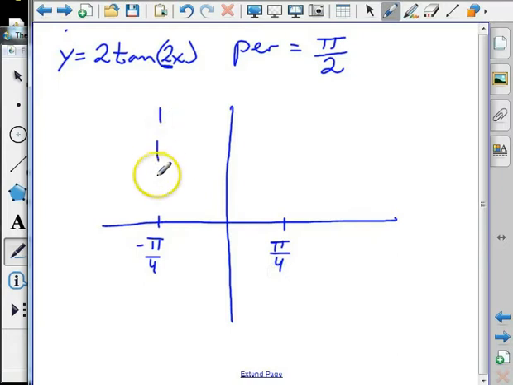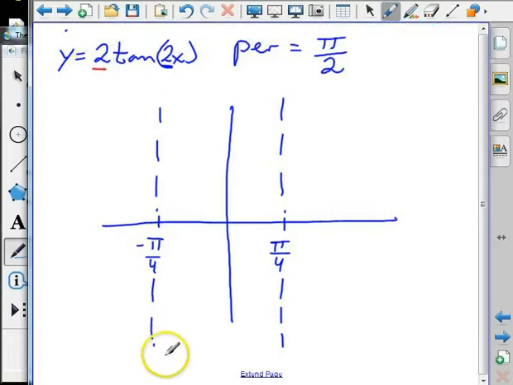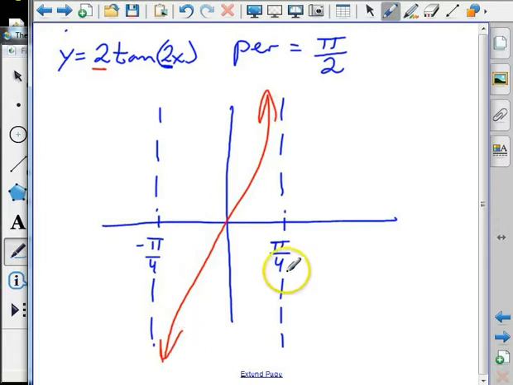So I draw my asymptotes. And what does that 2 in front do? It just makes it go up twice as fast. That's not an exact thing, just eyeball it.